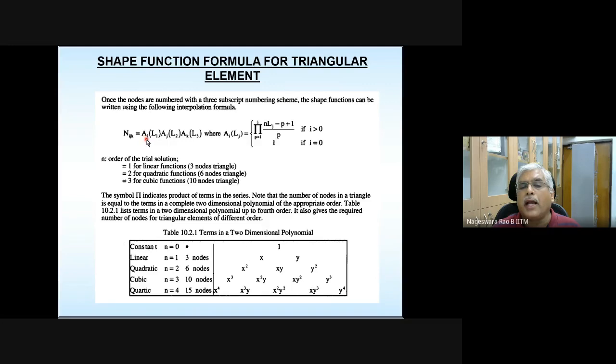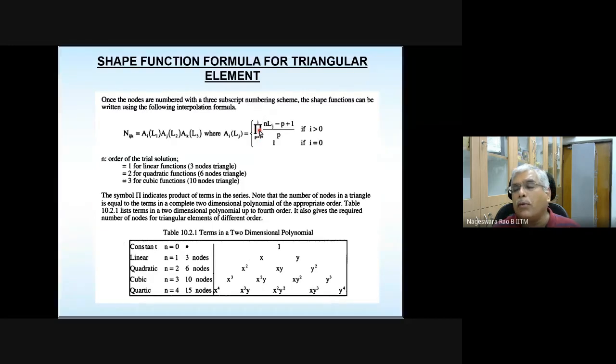And this is AI as a function of L1, AJ as a function of L2, AK as a function of L3. And what is this AI(L1, L2, L3)? How AI is defined is given here. And please note that this pi is a product.